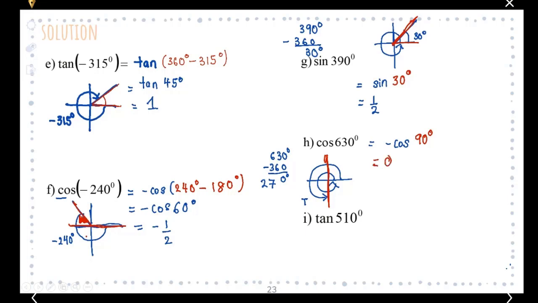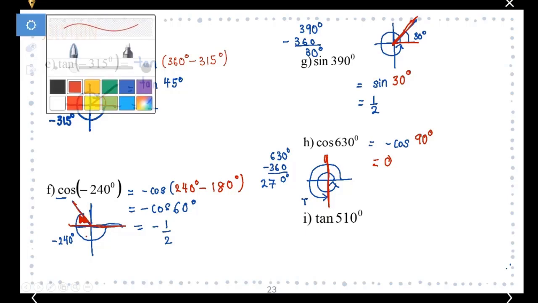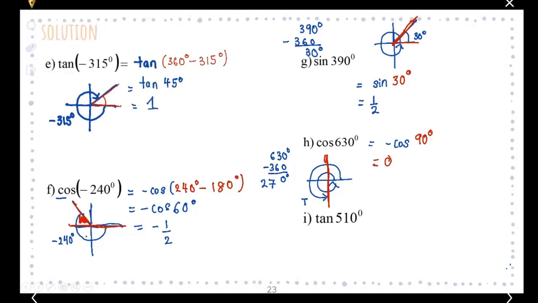Next, tangent 510. We're going to start with the sketching. First will be 360 degrees. Then we take 510 minus 360, which gives us 150 degrees. Another 150 degrees starting from 0 falls on the second quadrant.